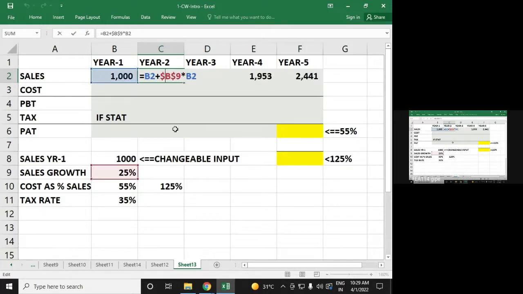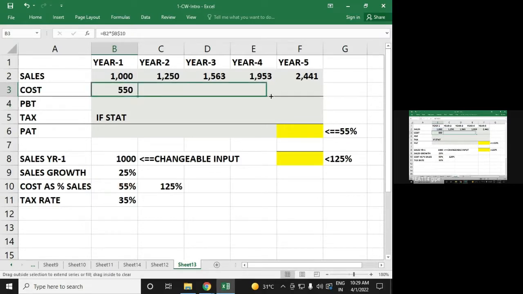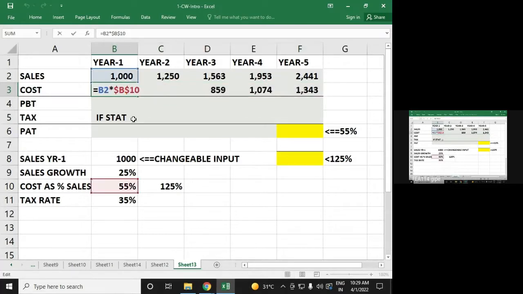Then cost is 55% of sales. Again 55% is not going to change, so we'll put a dollar sign. Then sale minus cost will be PBT.